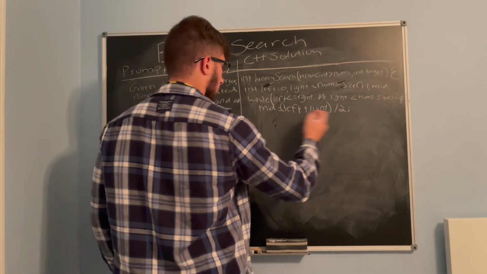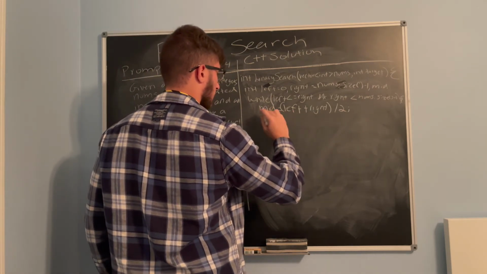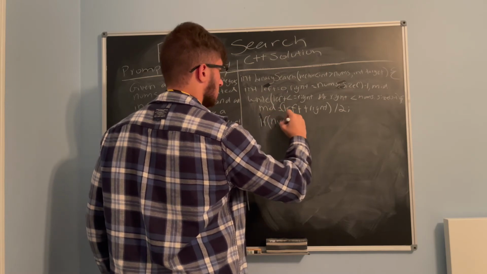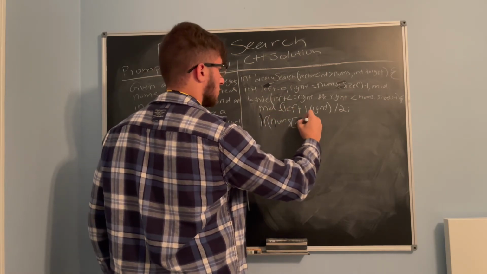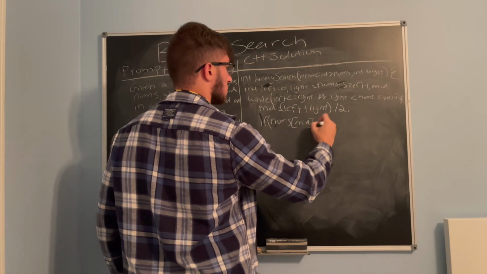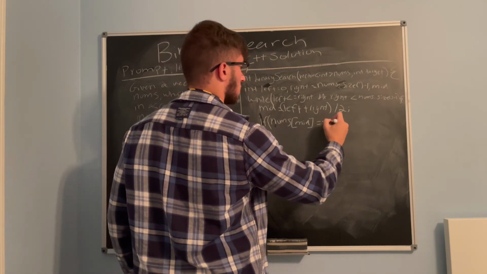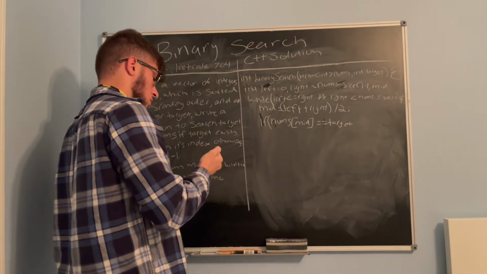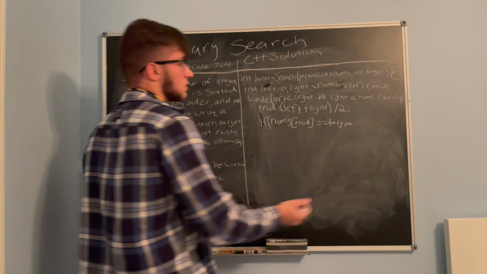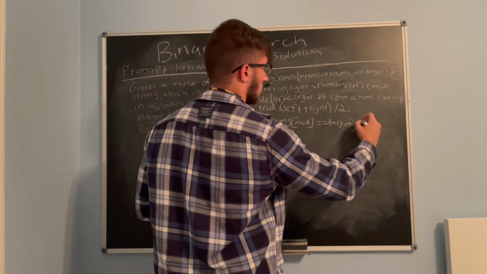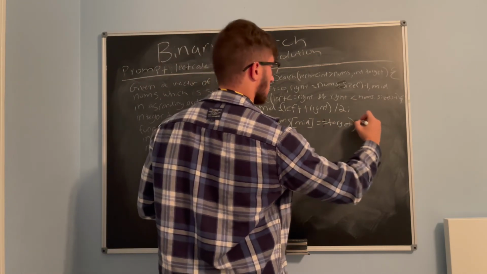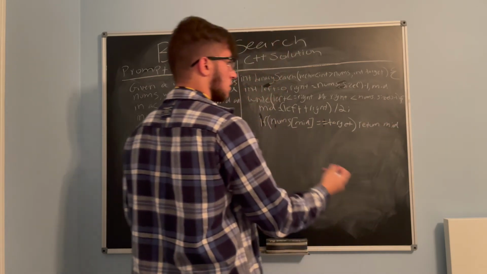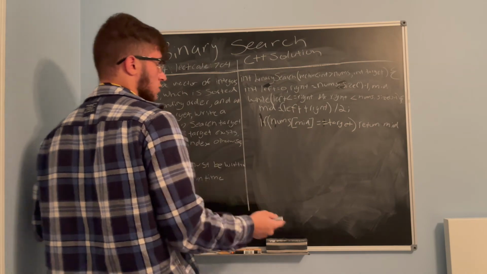And then after this, we want to check if the nums at that mid pointer is equal to our target. And if it is equal to our target, we can just return mid, which will give us mid as the index of where the target is.